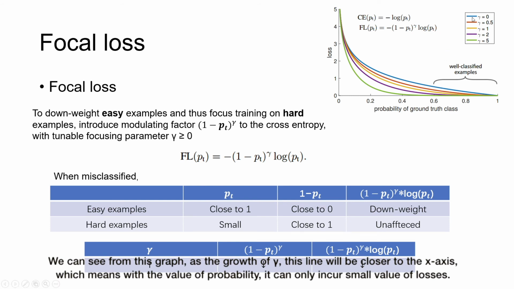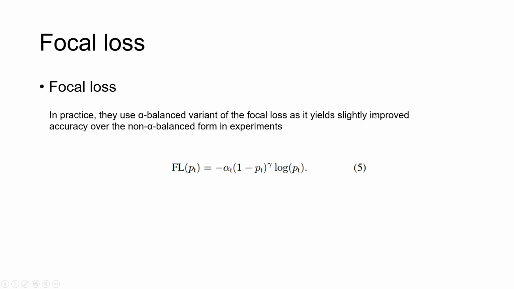As gamma grows, we can see that the line gets closer to the axis, which means with the same value of probability, they only incur a small value of loss. In practice, they use the alpha-balanced variant of focal loss as it yields slightly improved accuracy over the non-alpha-balanced form in experiments.